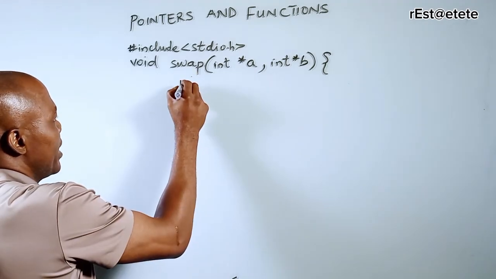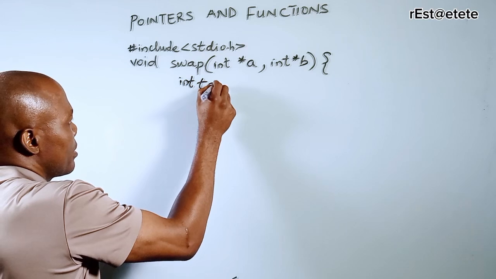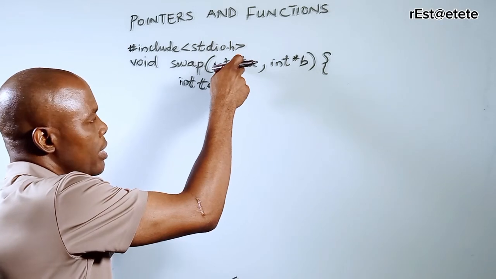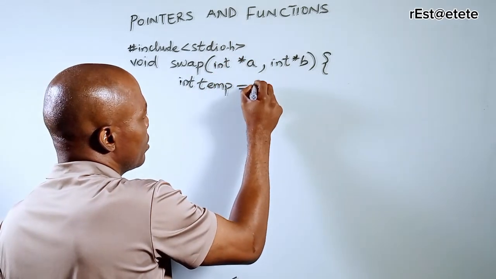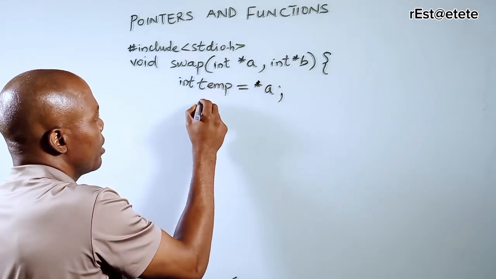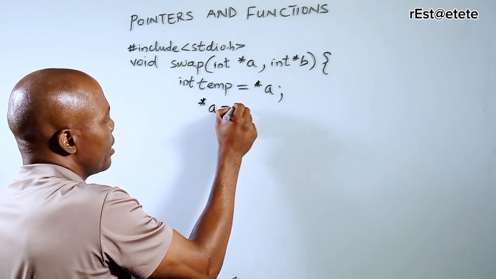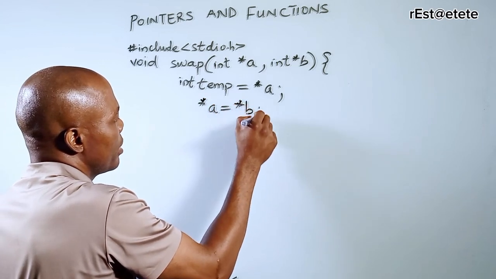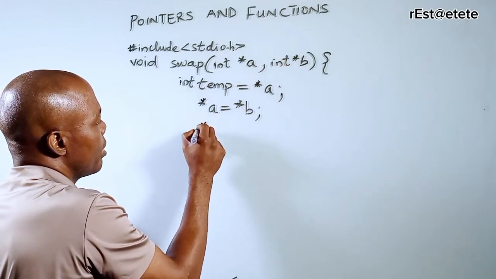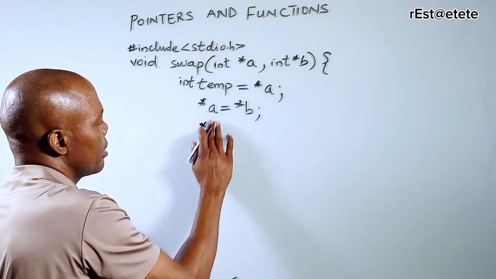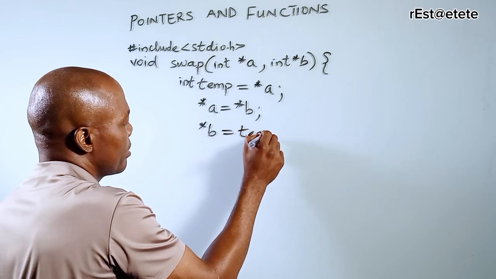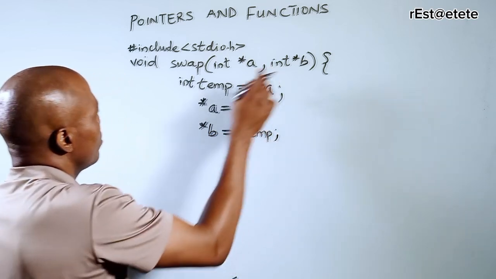So I'm going to say int temp, and then I will move what is in a to this temp. Then I will move what is in b to a, so a assign b. Then I will move what is in temp to b, so b assign temp.